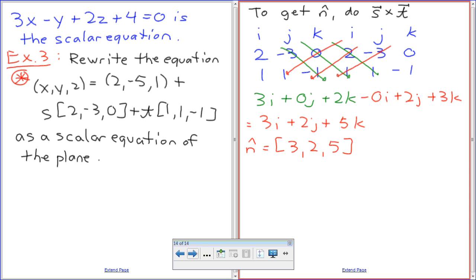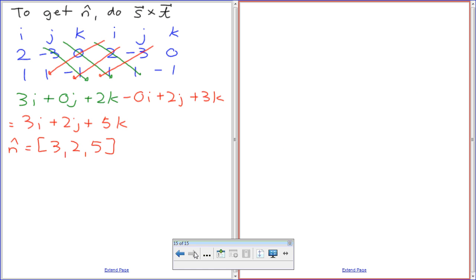Consider the scalar equation. Remember, these just turn into your coefficients for x, y, and z, right? So it's going to be 3x plus 2y plus 5z plus d. So we'll get the d for that shortly, all right?